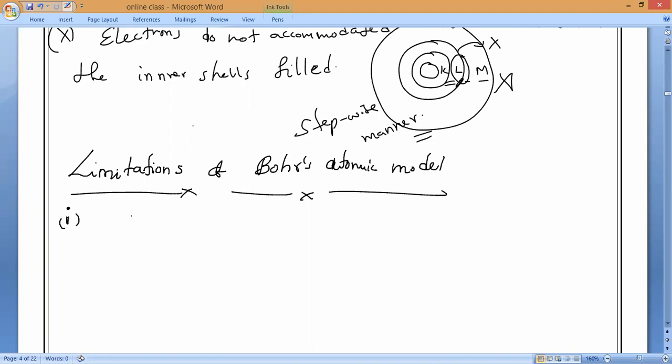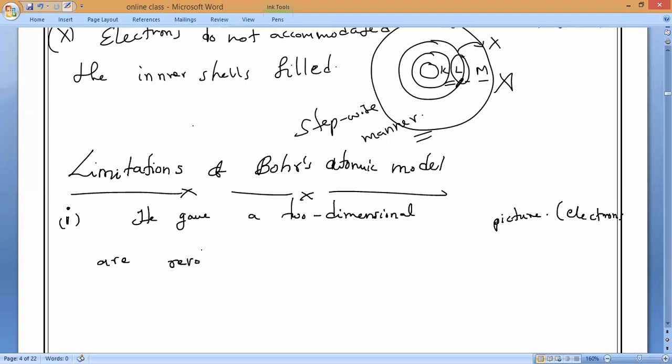So the first point: he gave a two-dimensional picture. Electrons are revolving in which path, guys? A circular path.